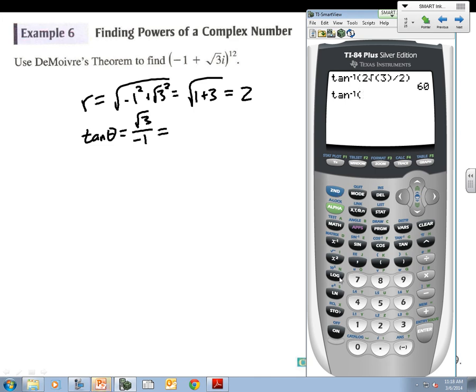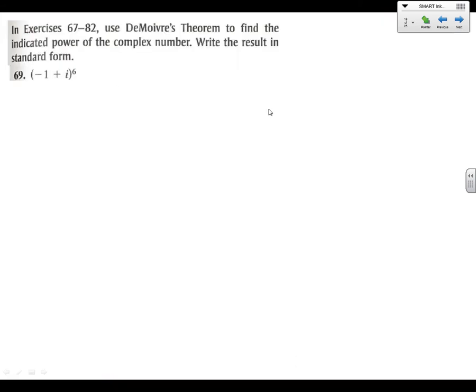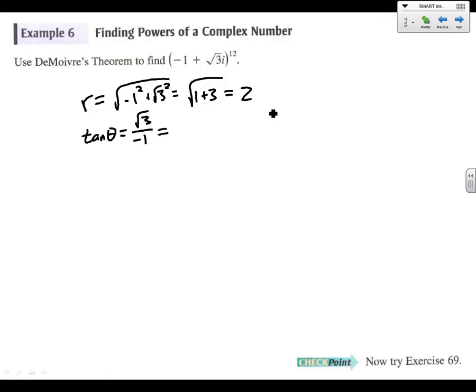And you should be able to get this off of the unit circle as well, but you can always cheat and grab this. 60 degrees. Be careful what quadrant you're in here. Your left one and your up. Okay, so 60 degrees right here gives us 120 degrees. So we've got a trig form of 2 cis 120.